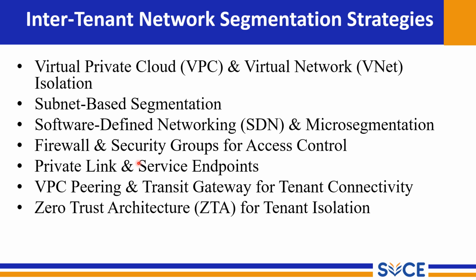And the transit gateway, like AWS Transit Gateway or Azure Virtual WAN, manages multiple tenants' VPCs efficiently. You can avoid hub-and-spoke complexity in large multi-tenant networks. Okay, so this is about VPC peering and transit gateway for tenant connectivity.